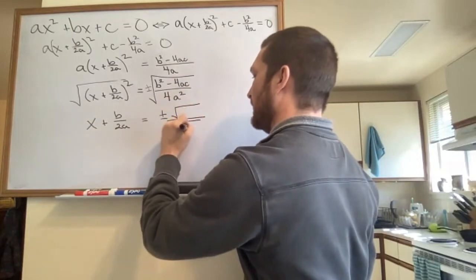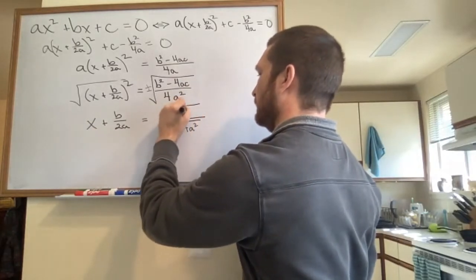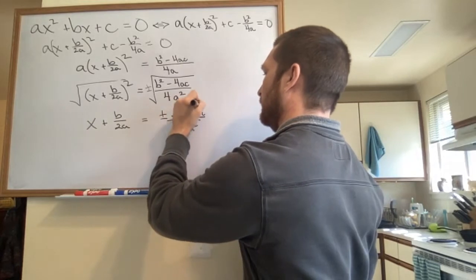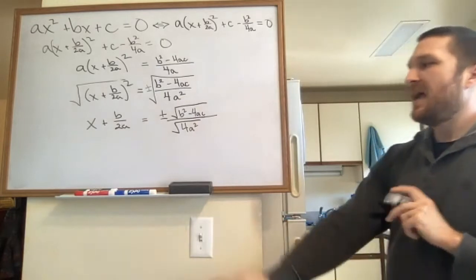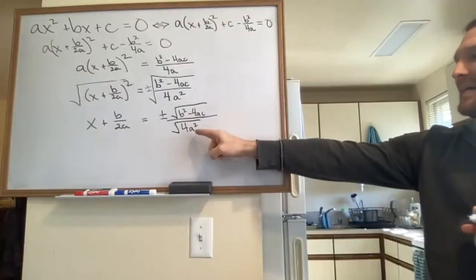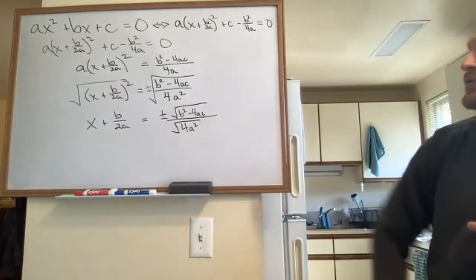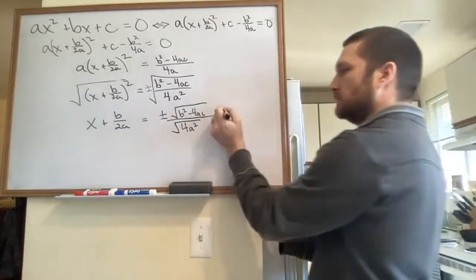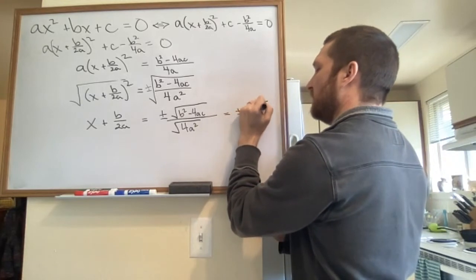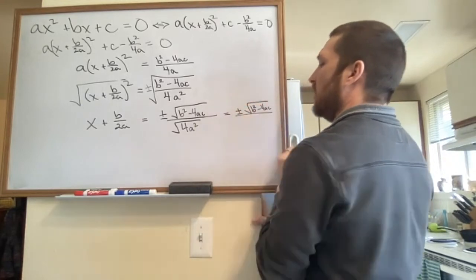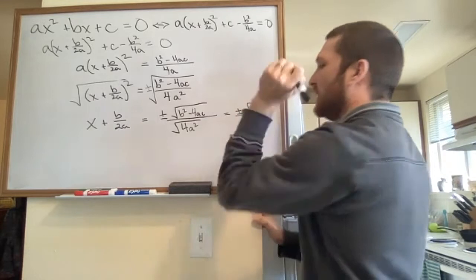I could rewrite it like this. Like that. And that guy in the denominator reduces down to what? 2a.